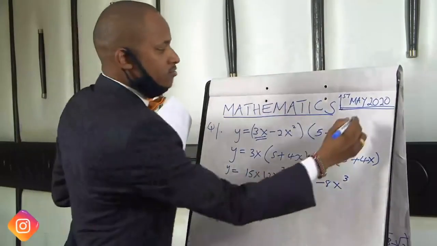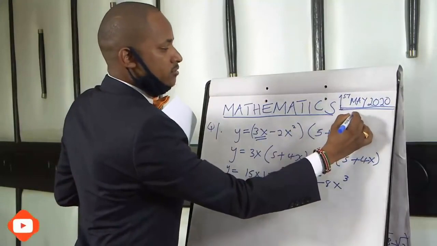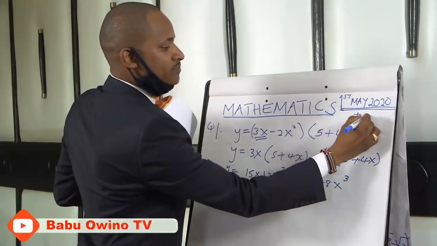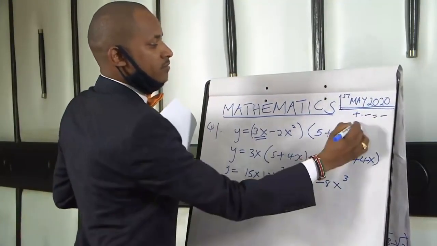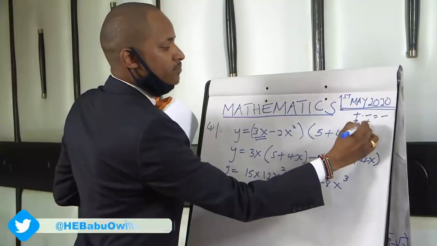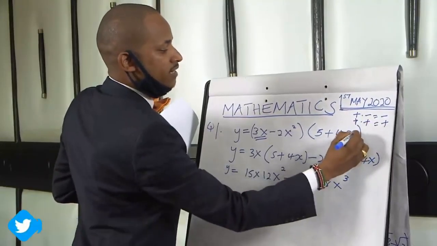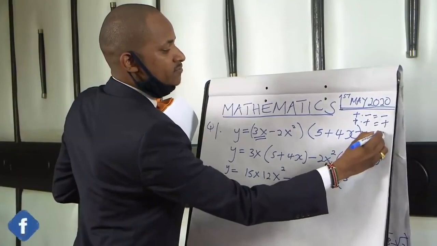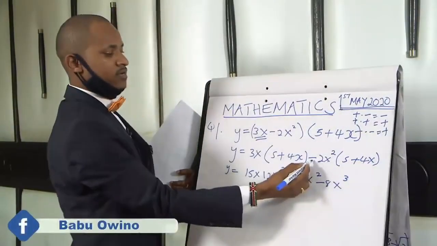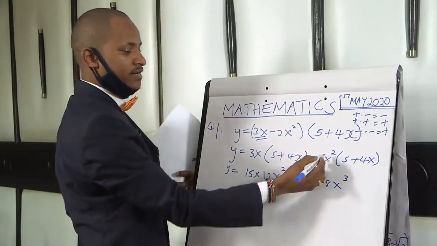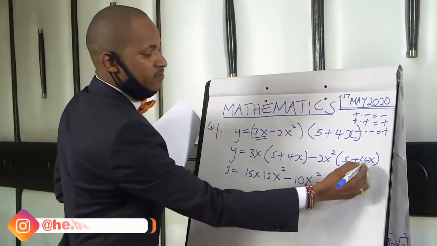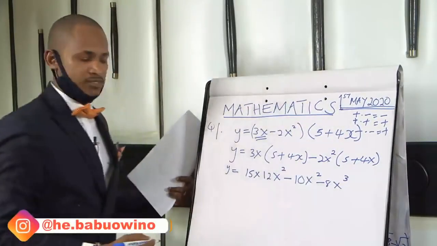Now there's a fundamental rule that you'll just note. When you have positive multiplied by negative, you get negative. Positive multiplied by positive, you get positive. Negative multiplied by negative, you get positive. That's why when we have minus 2x squared times plus 4x, you get minus 8x cubed.